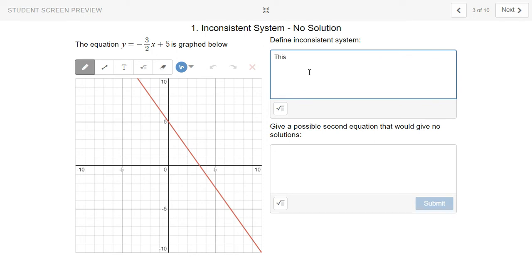So an inconsistent system means that there's no solution. The lines never meet. And the only way for lines never to meet is if we have parallel lines.